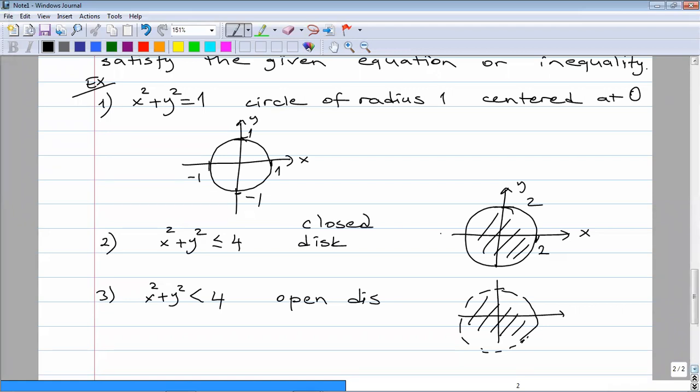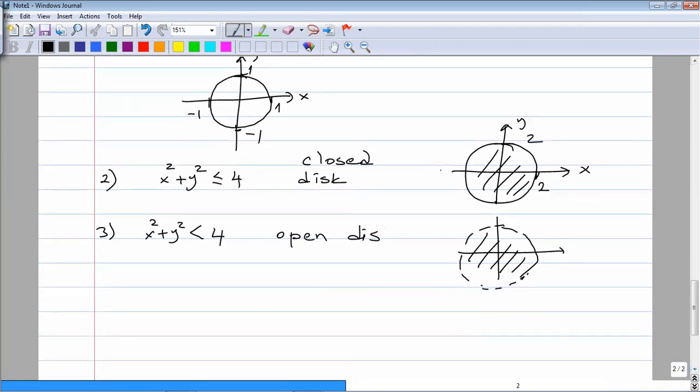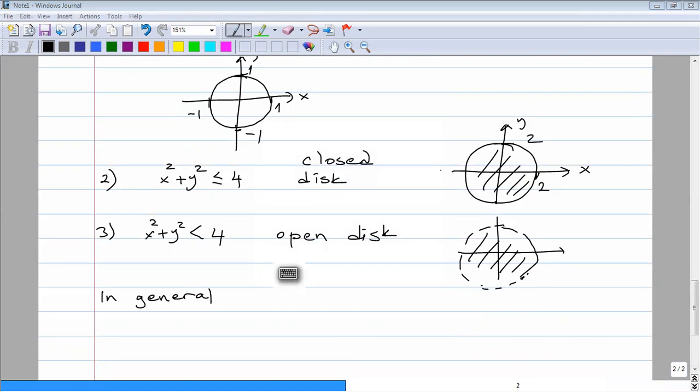Of course, they don't have to be centered at 0. In general, you may have something like x squared plus y squared equal to 0. Oh, no, that's just one point. You see the question?